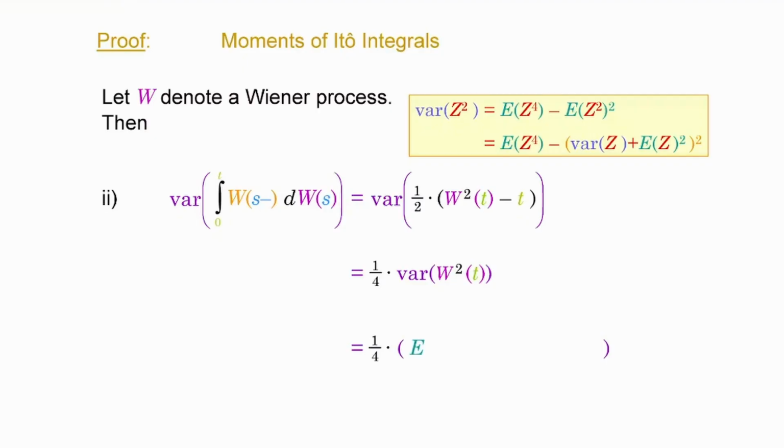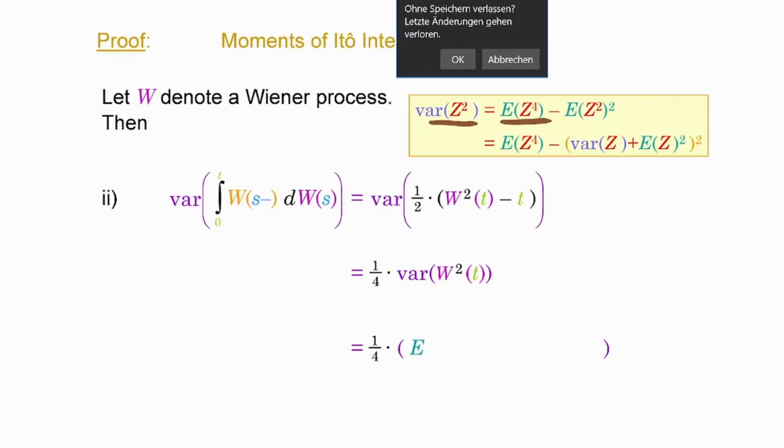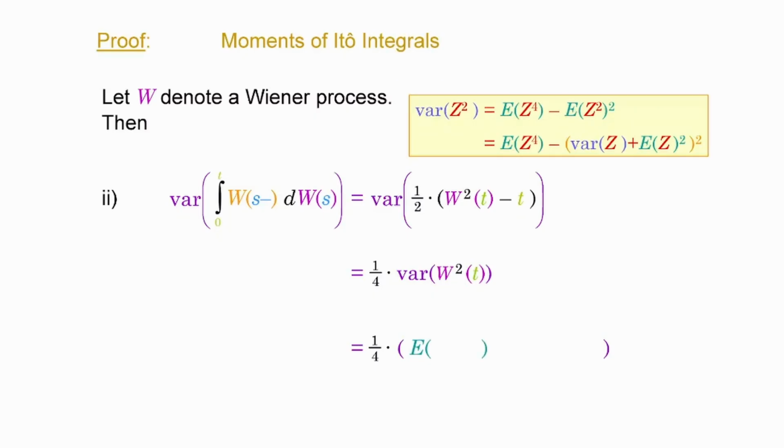So again, the variance of some square is, I'm going to continue from here. That is the expectation of the fourth moment of the Wiener process at time point t, but I'm going to address this later on. And minus the square of the expectation, and the expectation of what?